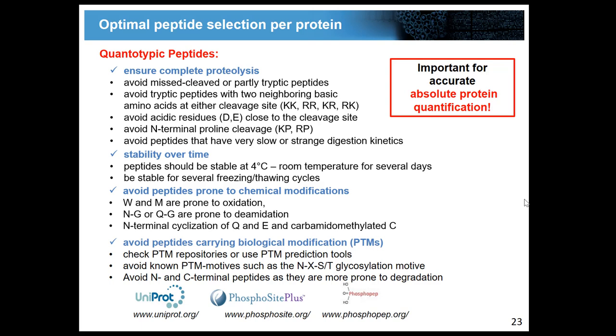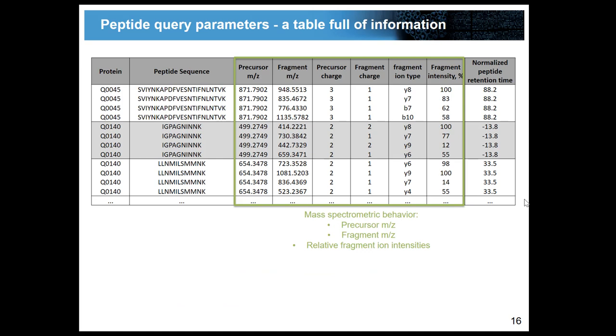Okay. So now we have selected proteins, and we have selected proteotypic or quantotypic peptides. The next task, to come up with your peptide query parameters, is the mass spectrometric behavior. That covers all of those columns here, which include information on the best precursor ion and the best fragment ion, and so on.